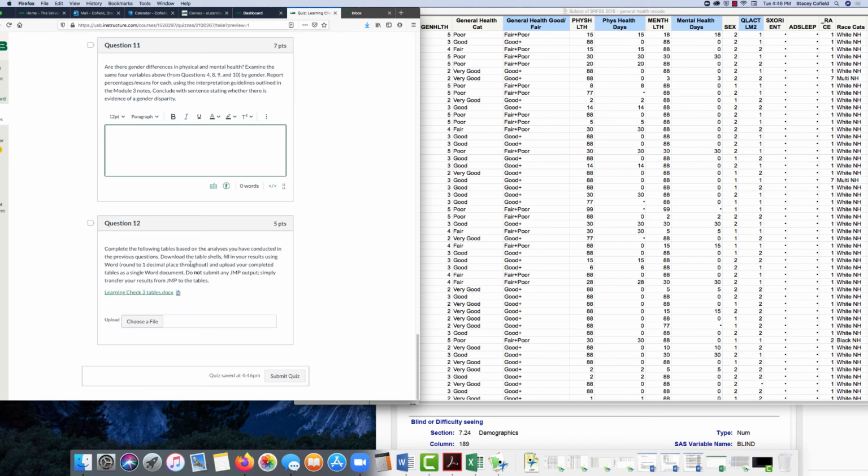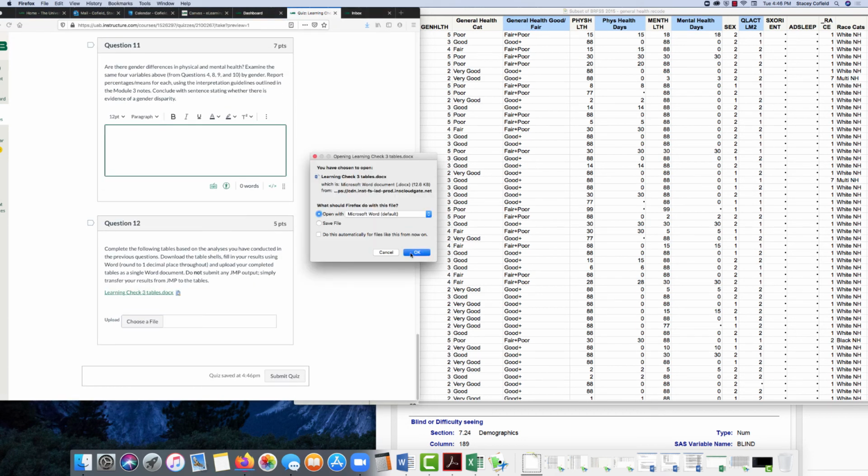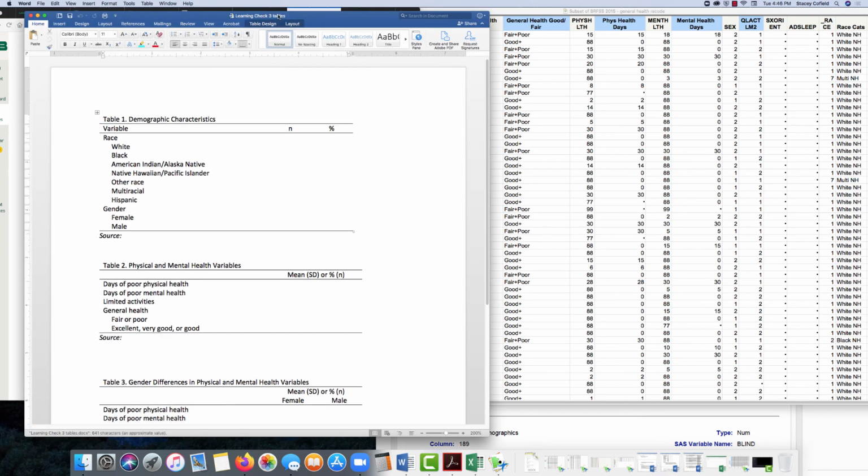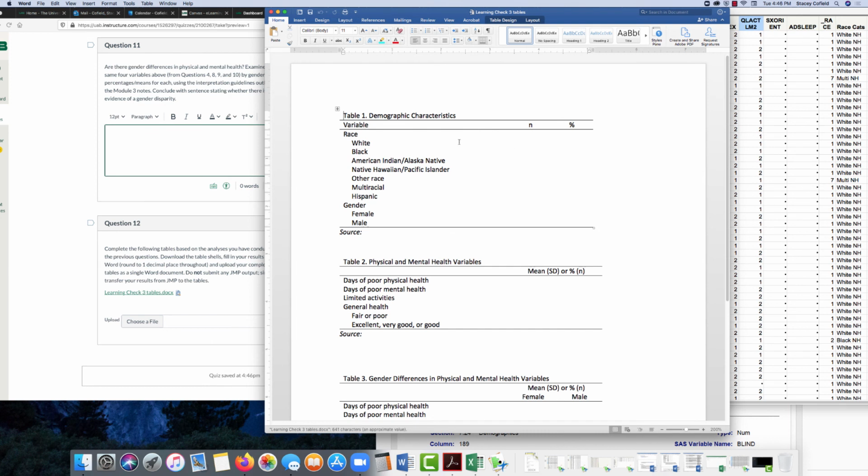And then finally here, question 12, if you look at this table in Microsoft Office, I simply want you to complete the table. What is the race, N and percent for each of these categories? What is the gender, N and percent for each of these categories?